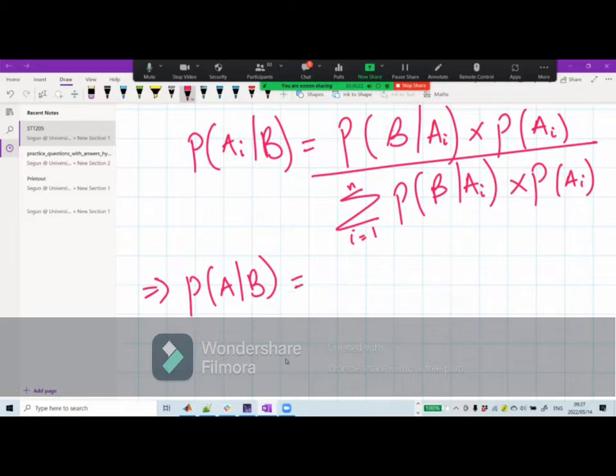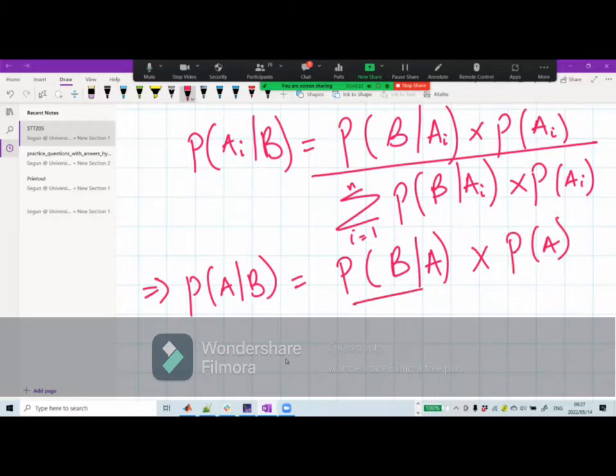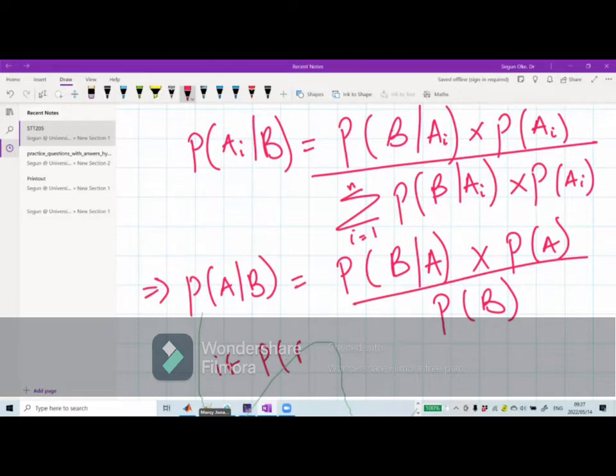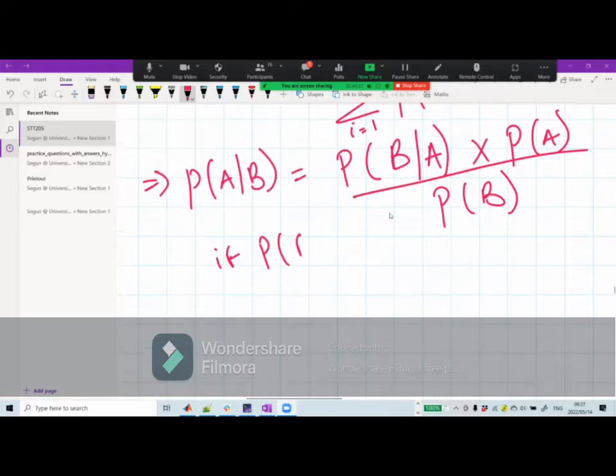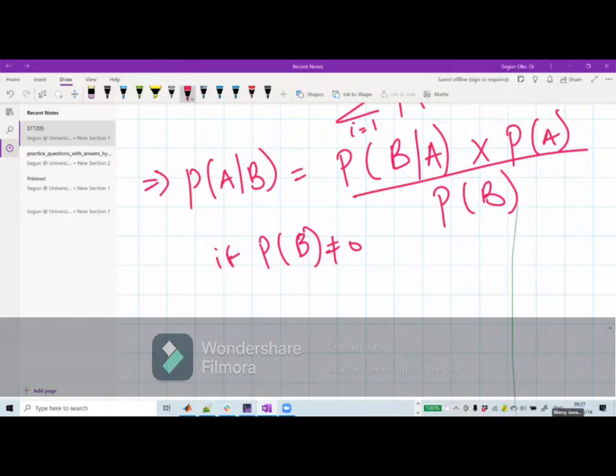We are going to have the probability of B given A multiplied by probability of A, all over probability of B, if probability of B is not equal to 0, because if probability of B equals 0, you will have undefined.